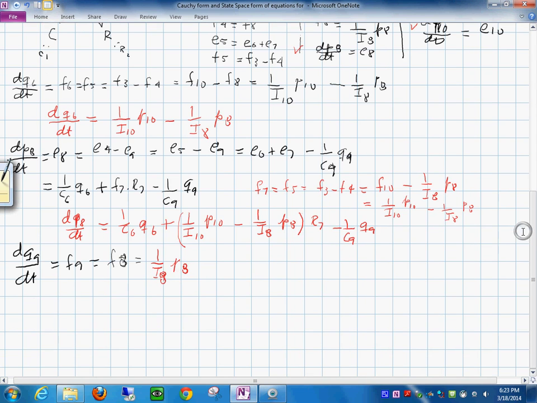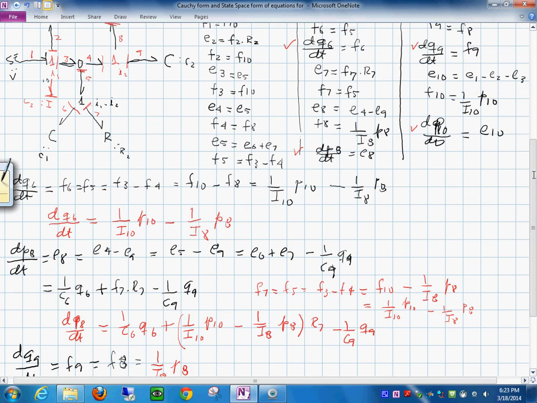And the last equation, just as we do, is dp10 dt.